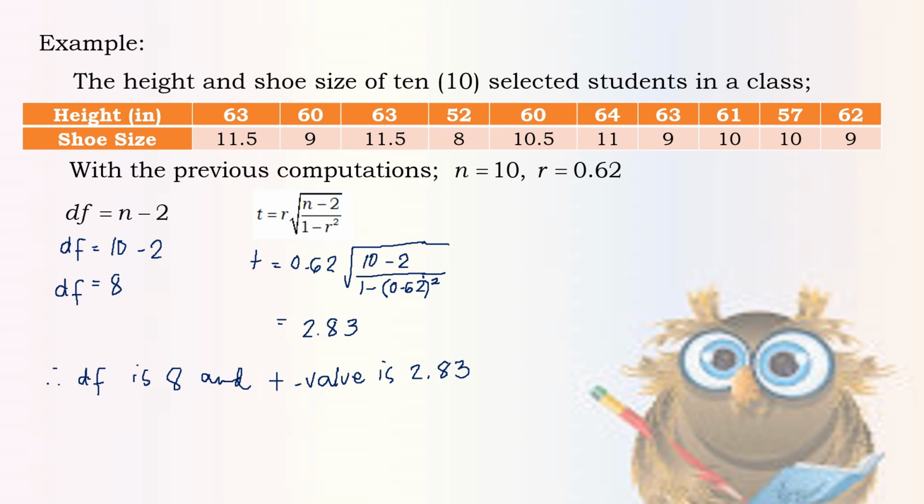What is our interpretation? Our t value is 2.83, and our df is 8. The significance level is 0.05 or 5%.